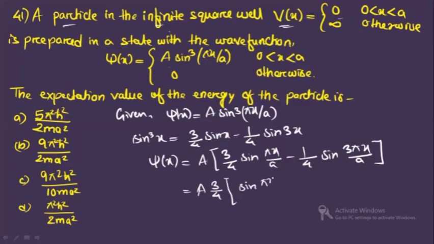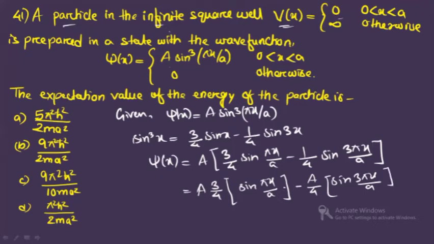We will have sine pi x by a. Minus the second term: if I bring a by 4 outside, I keep sine 3 pi x by a inside.